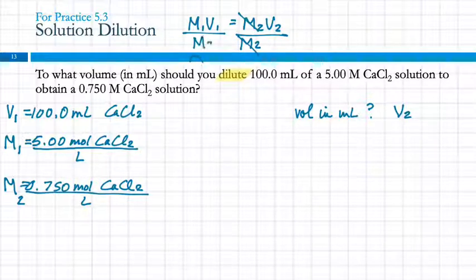So I have to divide this side by M2 as well. So I rearrange the equation, and I get that the volume of solution 2 is equal to the molarity of solution 1 times the volume of solution 1 divided by the molarity of solution 2. Everybody okay with that?